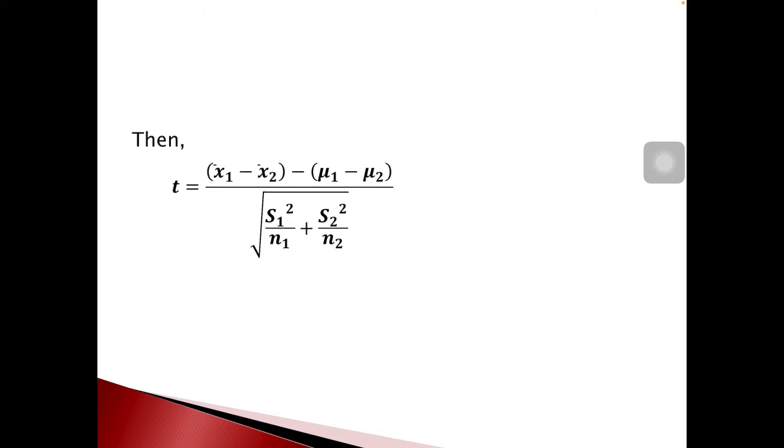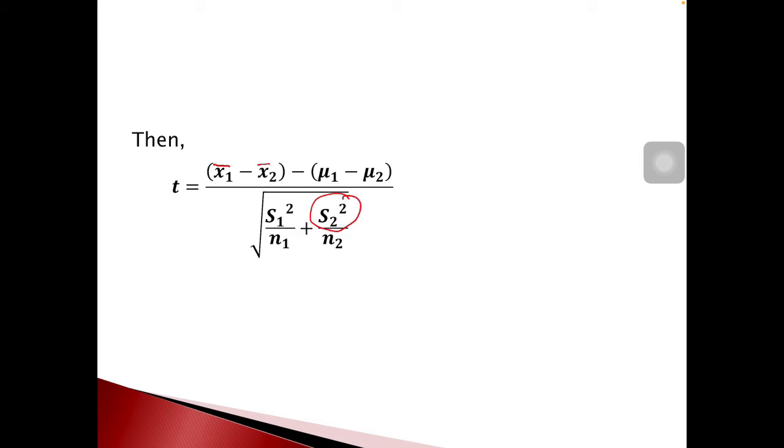If we use the sample standard deviations S1 and S2, we can rewrite the standardized version of x1 bar and x2 bar like x1 bar minus x2 bar minus mu1 minus mu2 divided by the square root of S1 squared divided by n1 plus S2 squared divided by n2.